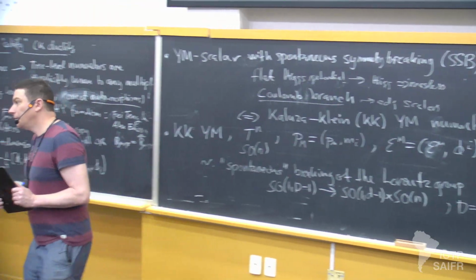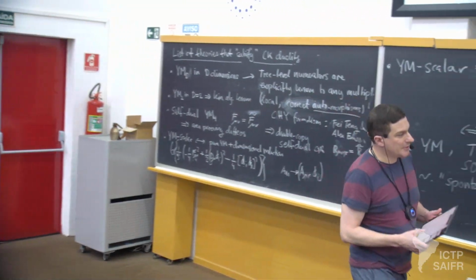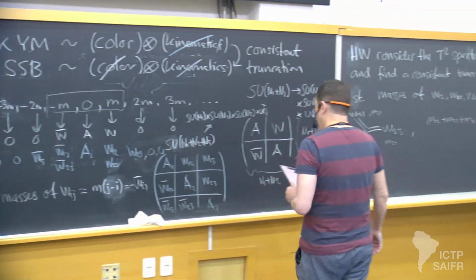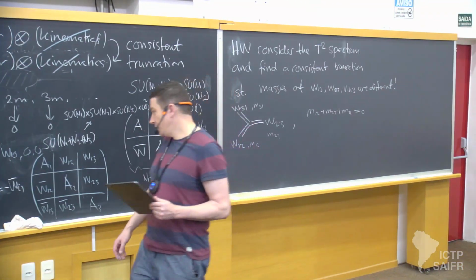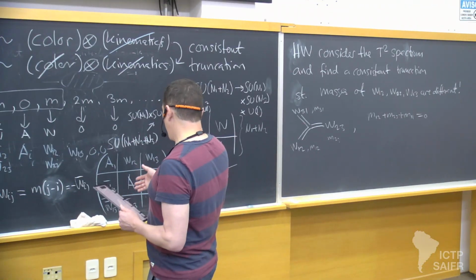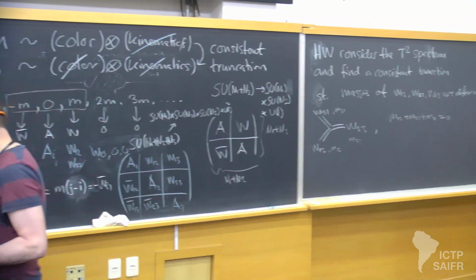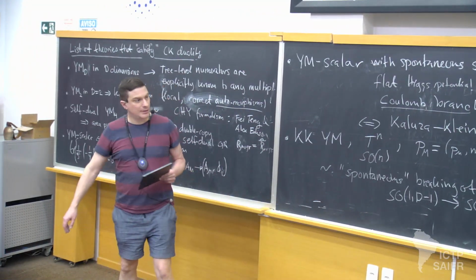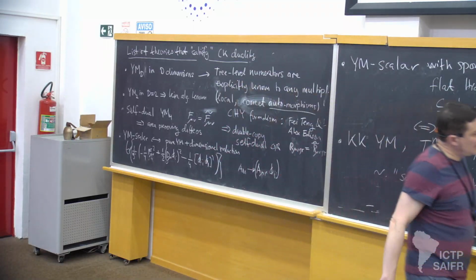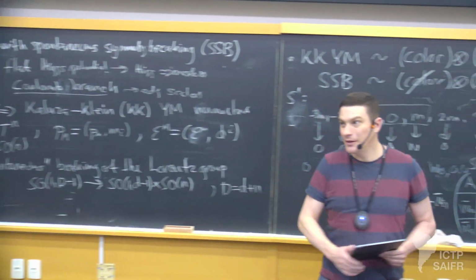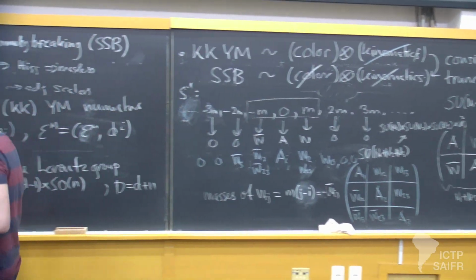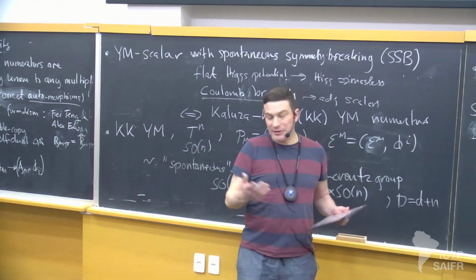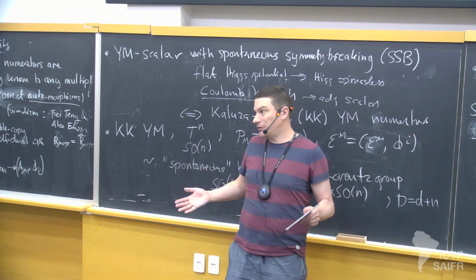No, the W bar is just a complex conjugate. Why shouldn't it be physical? It's just a complex conjugate. What matters is the mass squared. It doesn't matter what the sign of the mass is. By convention, we always take masses to be positive.